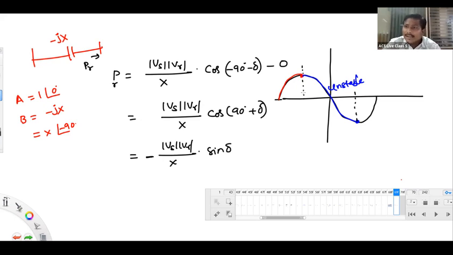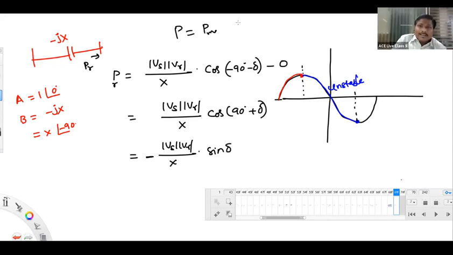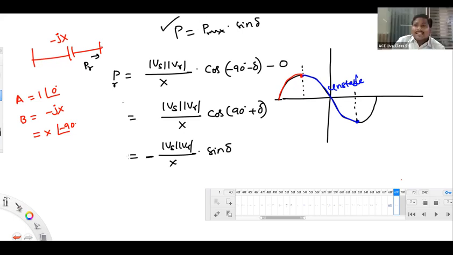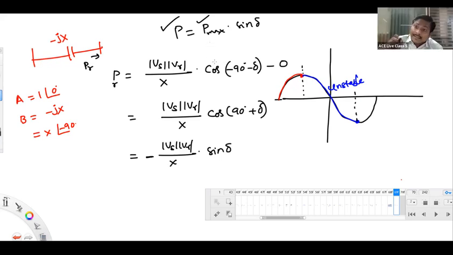Who is going to decide the delta? It's simple. You see from this equation, P is equal to P max into sin delta. Then who will decide the value of delta here? How much power demand you have, and what is the value of P max. These two will decide delta, right? Load, P max is constant. Okay, P max is what? VS into VR by transfer reactance. Transfer reactance also decides delta.